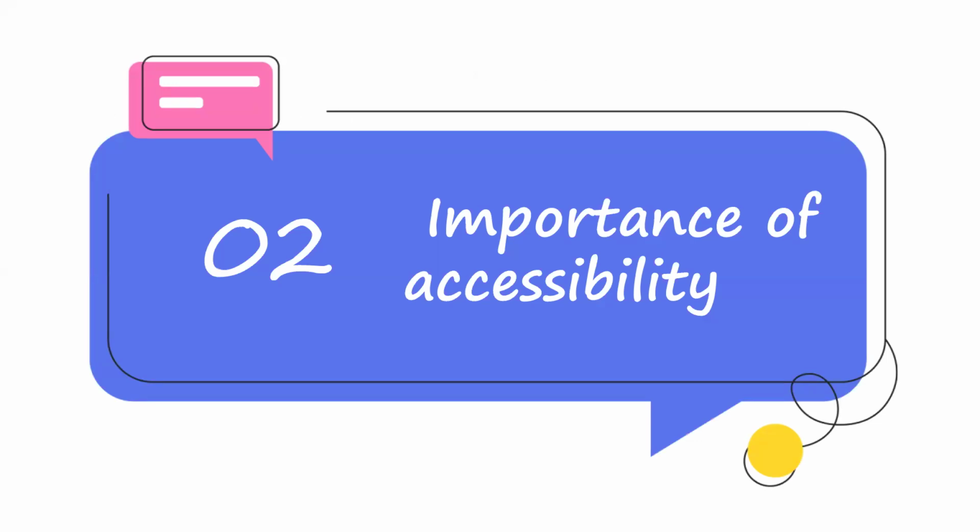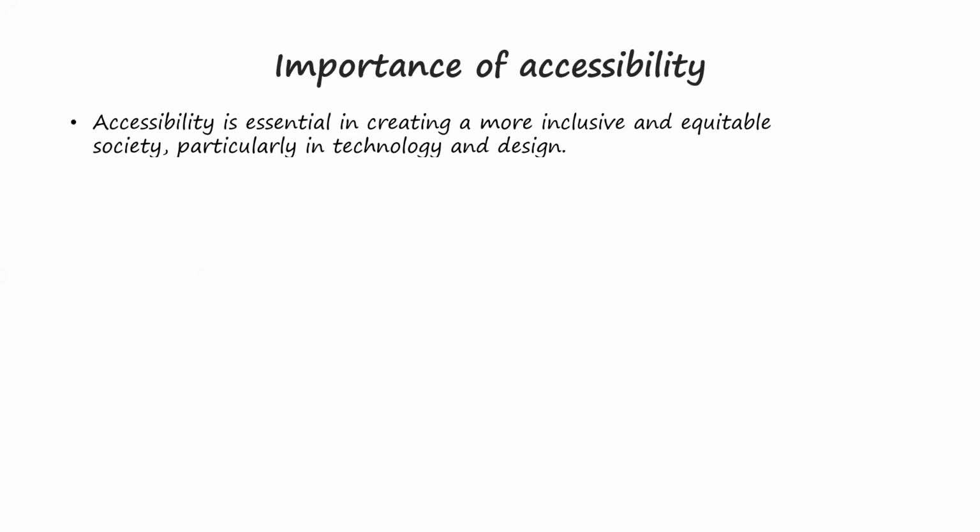So what is the importance of accessibility? Accessibility is very essential in creating a more inclusive society. When we say inclusive, that means you're including more people, even those who have disabilities.